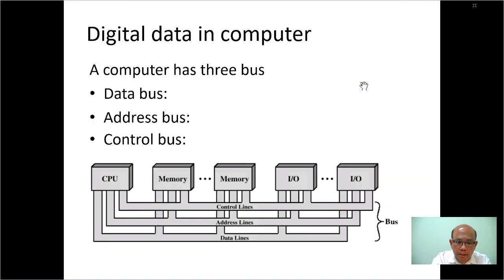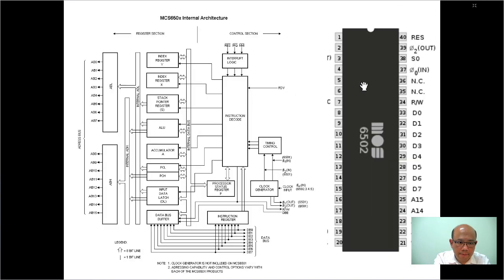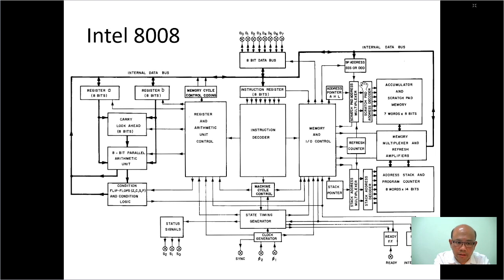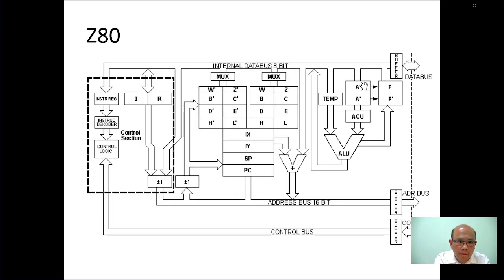So in the computer systems that I show you, when you look at the slide from Motorola, it has address, data, and control, and Intel also has address, data, and control, but the structure inside is different. And the CXT also has address, data, and control.